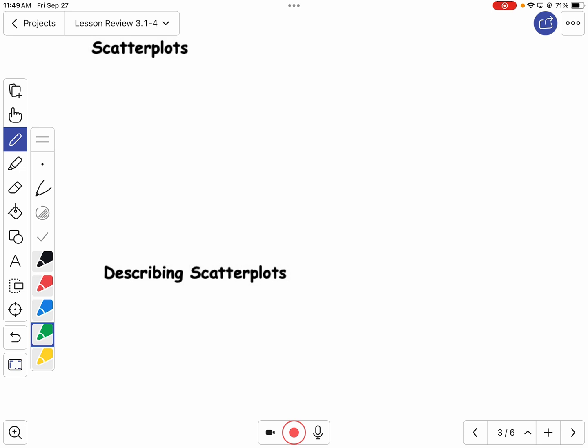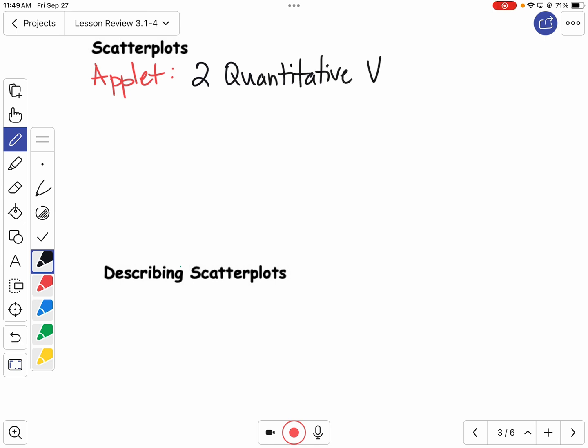And remember, if we want to create one, we're going to go to our applet. And we're going to choose 2 quantitative variables. Then we'll list our variables and our numbers.